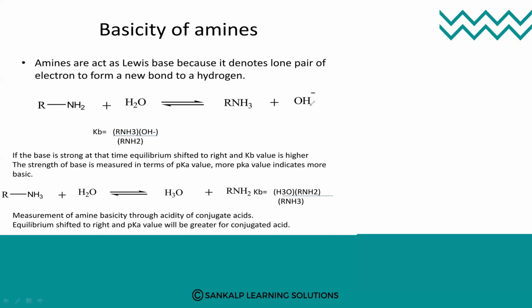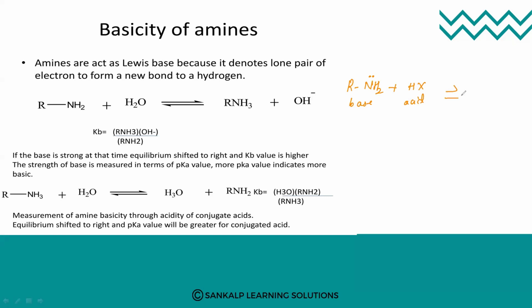Now, when we are discussing chemical properties, chemical properties means how they react, right? Suppose we have amines, and this reacts with acid. HX is an acid, and your amines are base.